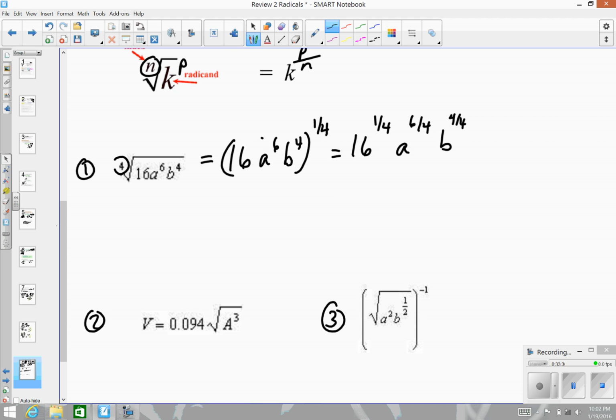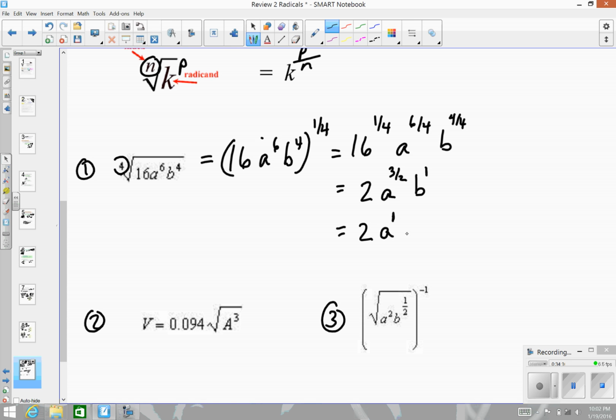Now, of course, we can simplify this. 16 to the 1/4 is 2. A to the 6/4 I can simplify to be 3 over 2. B to the first power, or just b. Now, you might also see this written as a radical sign, where I have my a to the 3/2. Here's how that would work. This would be equal to, I'm going to break this a to the 3/2 down because 3/2 is the same as 1 plus 1/2.